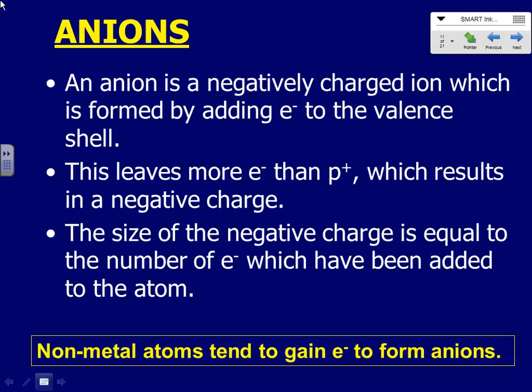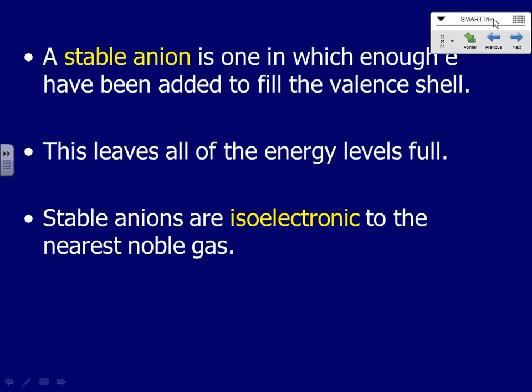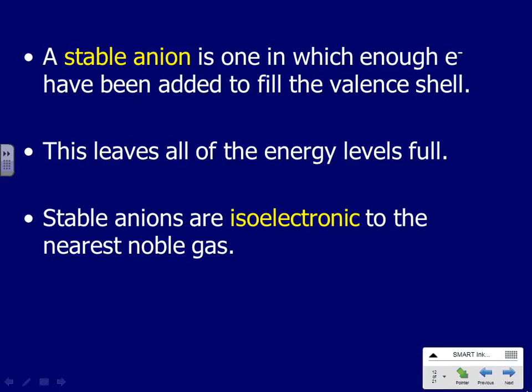This note, as you might imagine, is very much the opposite of what we just did for the cations, right? We're adding electrons. We're talking about the nonmetals forming anions. Stable anions gain enough to fill the outer shell.